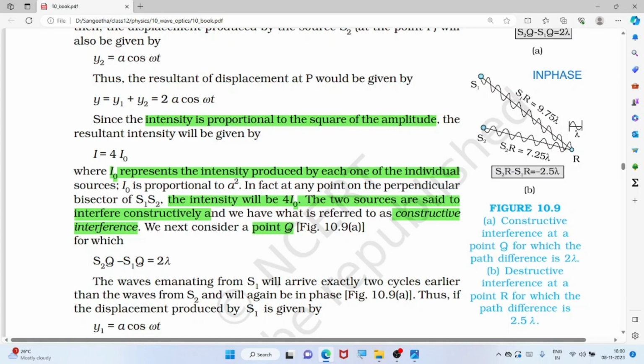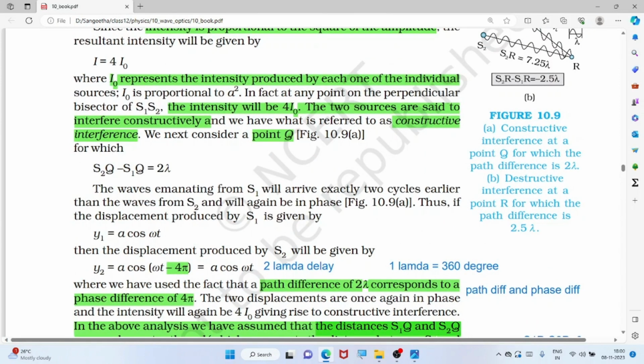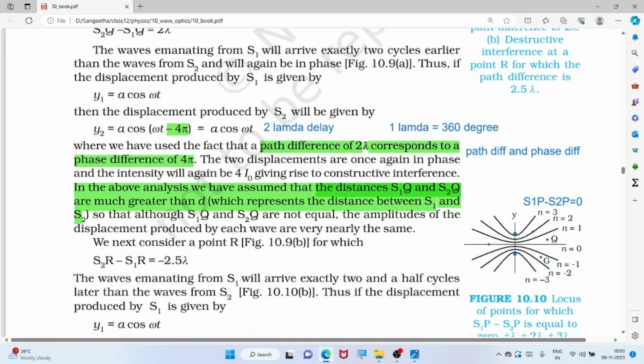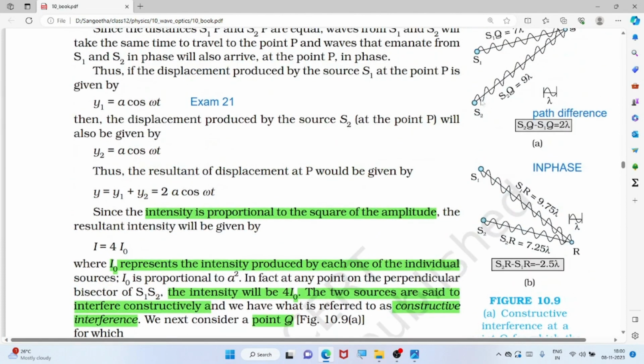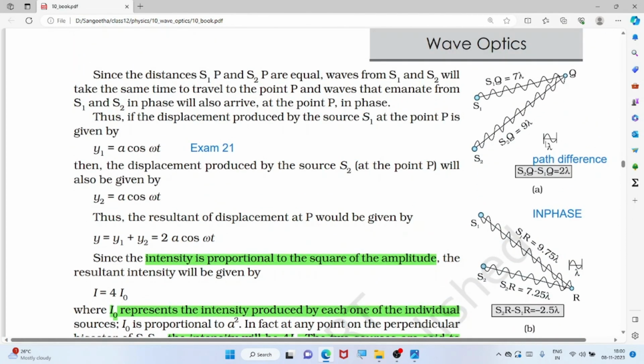Intensity is proportional to the square of the amplitude. Here you see that is important. Here lambda equals 360 degrees. One cycle is lambda, and one cycle is 360 degrees. If they differ in a multiple number of cycles, then there will be no phase difference, only path difference. This is the path difference, but there is no phase difference.